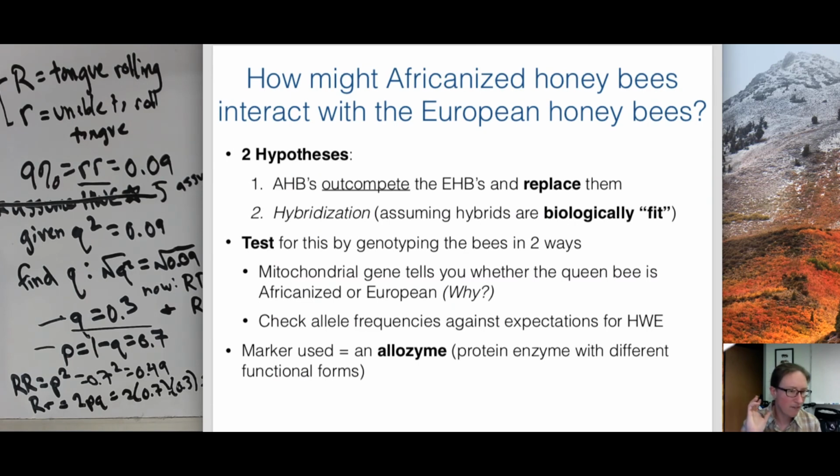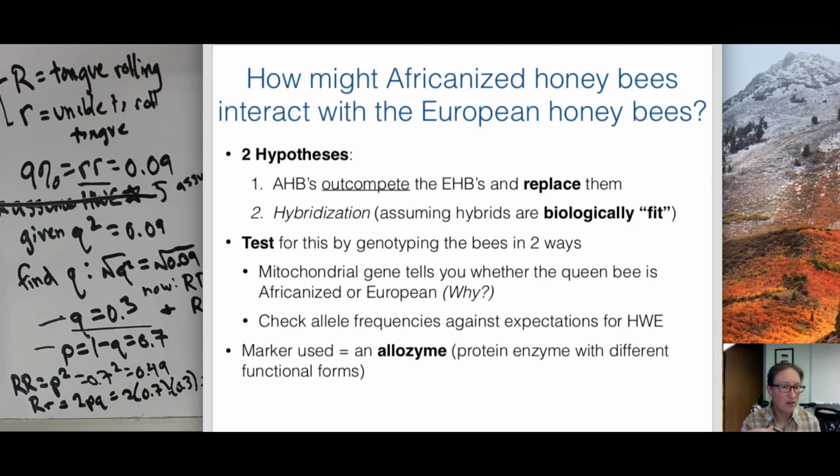So if the mother was Africanized, she would have an Africanized bee mitochondrial gene. So they genotyped the mitochondria, and then they checked allele frequencies for another gene against the expectations for Hardy-Weinberg equilibrium.